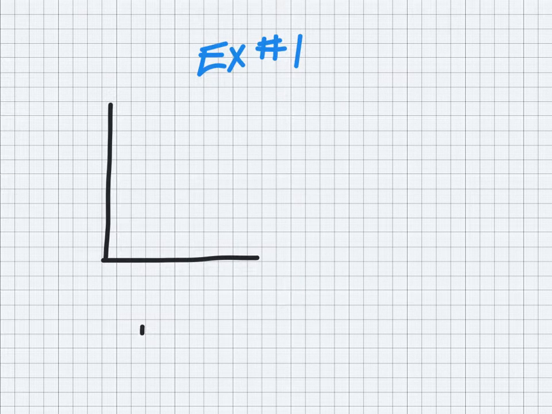So let's call this example number 1 in your notebooks. On the left-hand side of your page, I want you to draw this distance time graph. It's going to look something like this. Now, what does that mean?